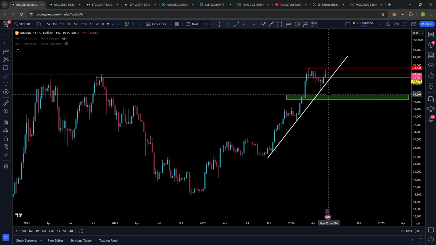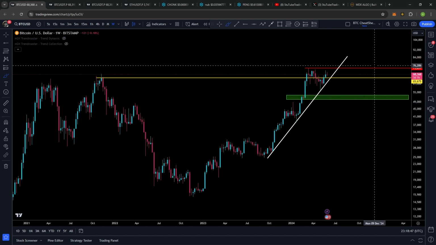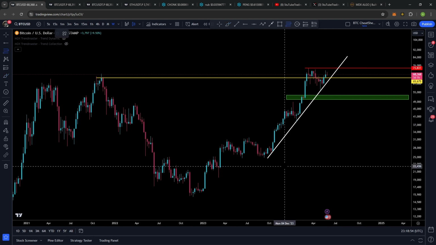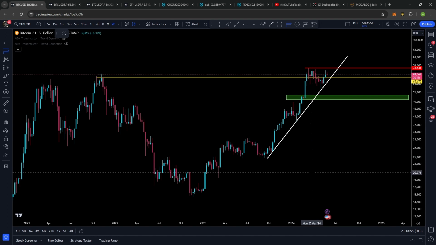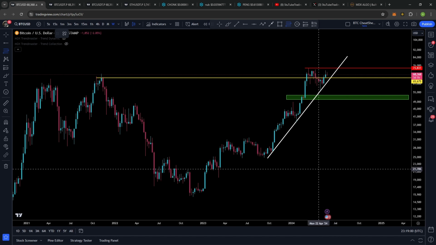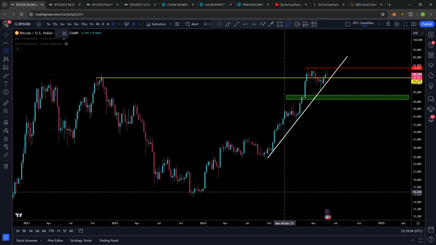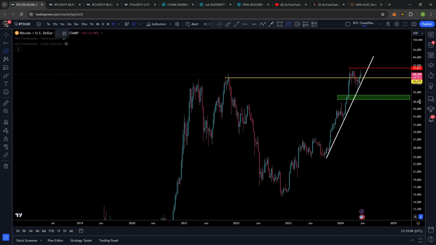If we happen to actually close bodies below this green box, again, guys, I have to be very clear about this, I do not expect this to happen, but as traders, it's important to be aware of all possibilities. Last market cycle, I remember feeling like, hey, it's bull market on. We're going through all-time highs, et cetera. And then COVID came out of nowhere, black swan event, market ended up dumping.